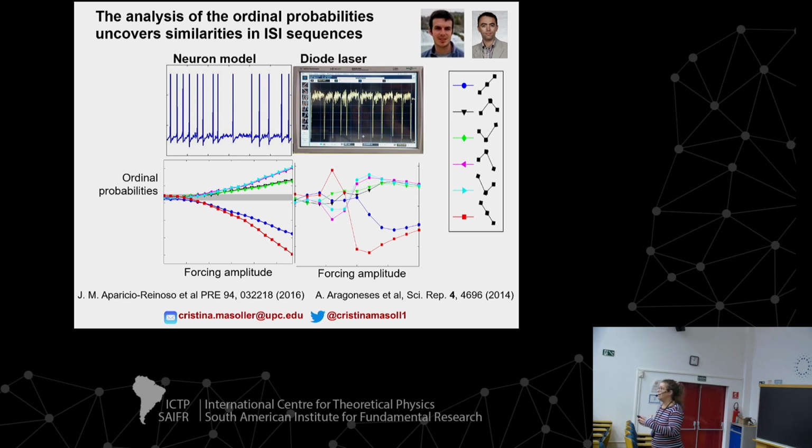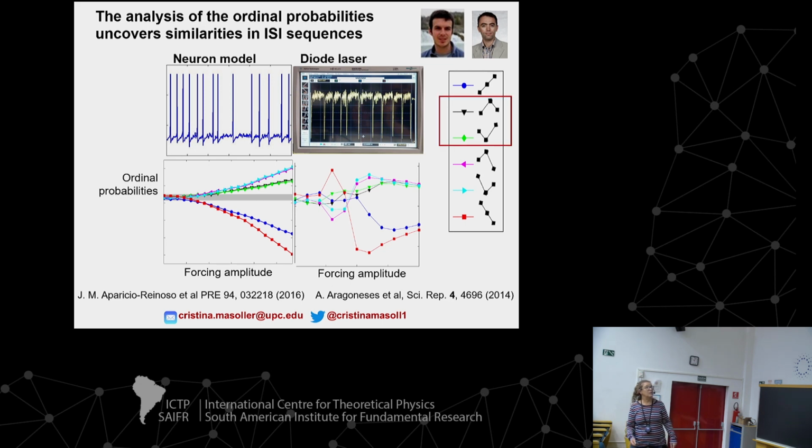Okay, so we see that the values might be different. The probability values in the vertical axis are not the same, but the structure of these probabilities is the same. So basically, we can say that if we have a time series generated with a large forcing, and we calculate these probabilities, and we see that they are not uniform, we can see that the laser or the neuron are perceiving some input and are encoding this input in the occurrence of these patterns.